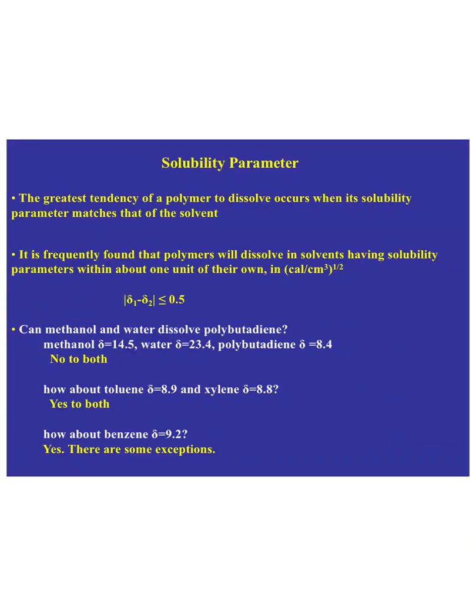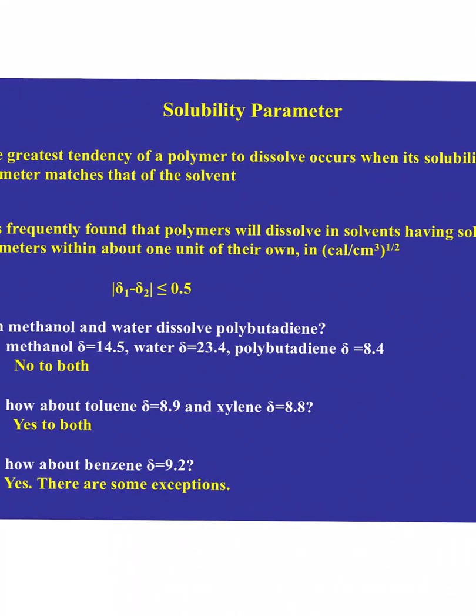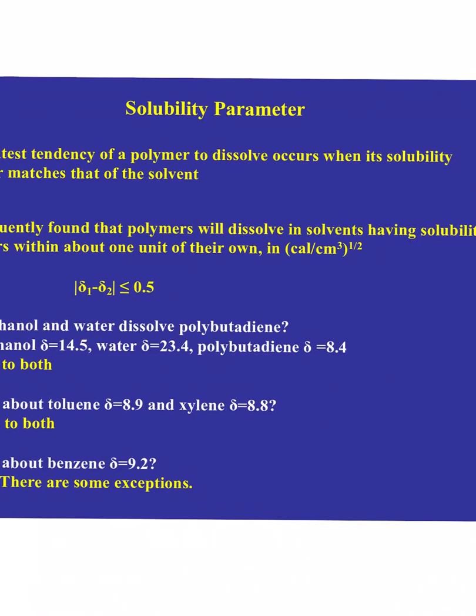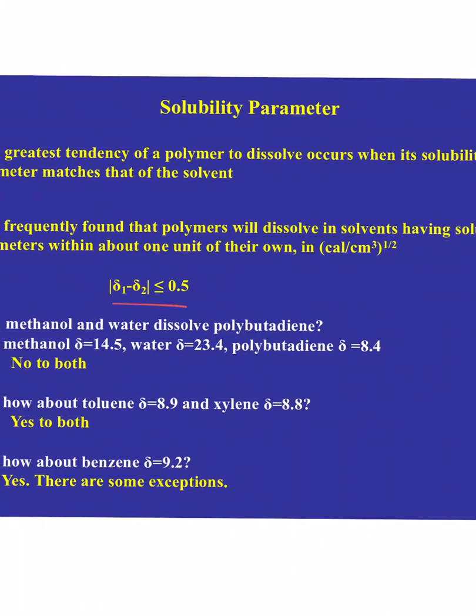And then the issue related to that, solubility parameter, again, an attempt to try to codify and quantify the behavior of polymers when they're exposed to given solvents. And so we come up with this term delta, which we can either look up or calculate and try to predict whether or not they will dissolve in specific solvents.